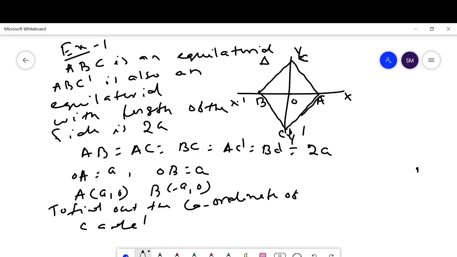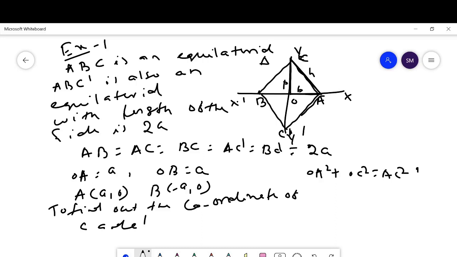Then we know by Pythagoras theorem, H square is equal to B square plus P square. Applying Pythagoras theorem we get OA square plus OC square is equal to AC square.